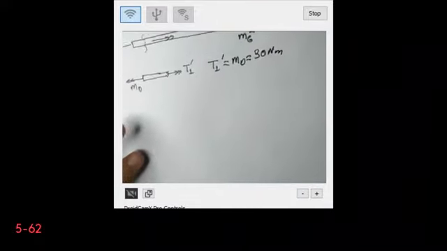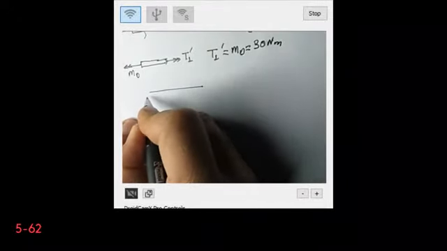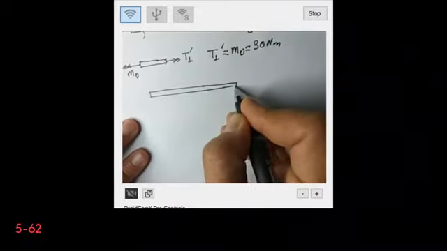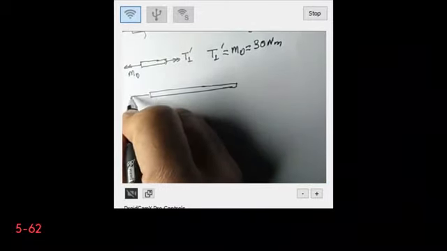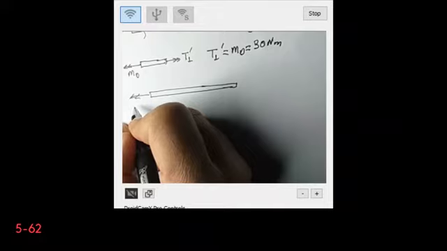Now I will make a second cut between the moment M2 and the gear.